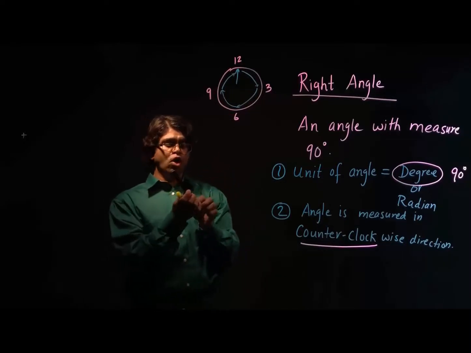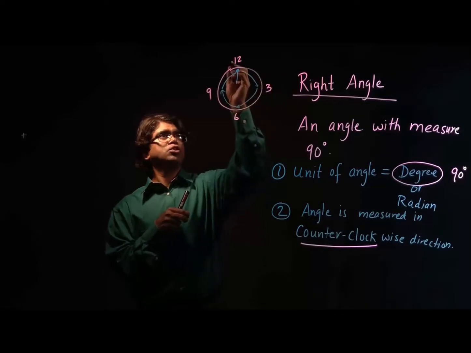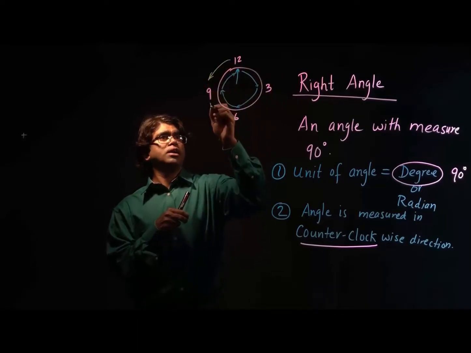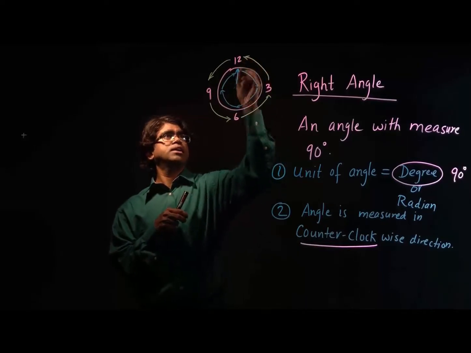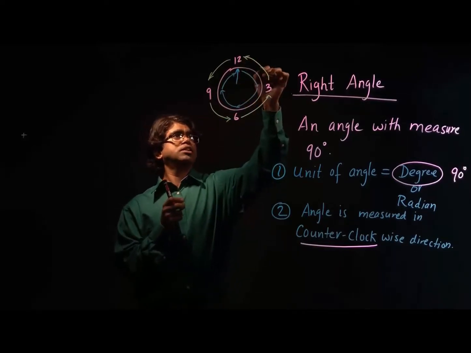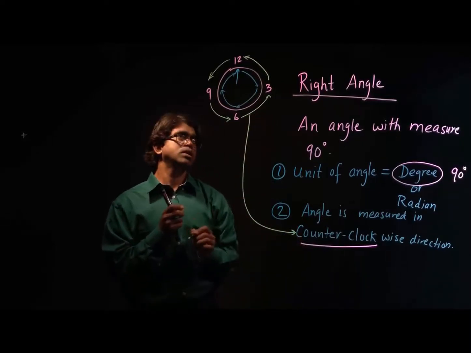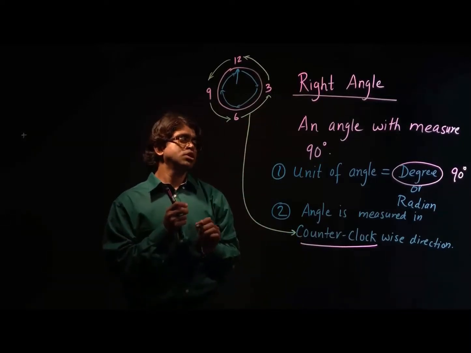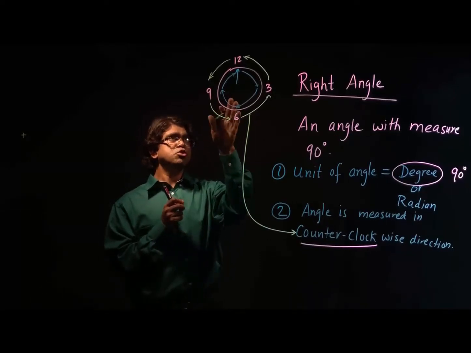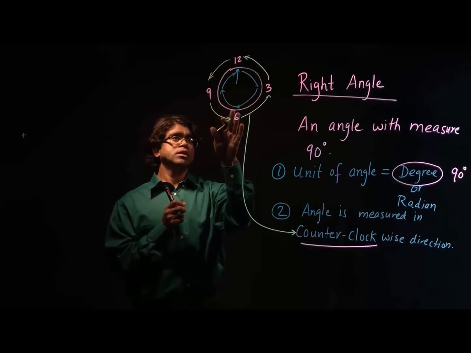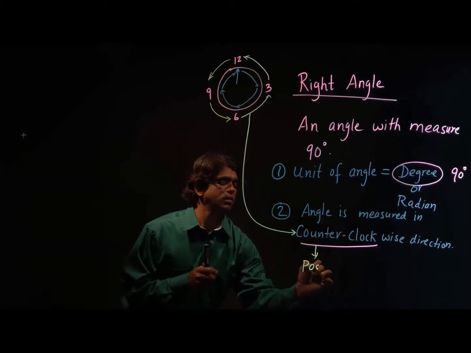But if we go opposite to this direction, like from 12 to 9, 9 to 6, 6 to 3, and 3 to 12, then this movement will be counterclockwise. So if we measure the angle in counterclockwise, then the angle will be a positive angle.